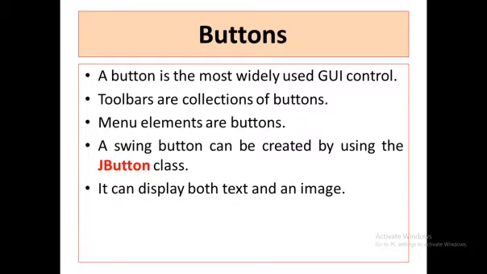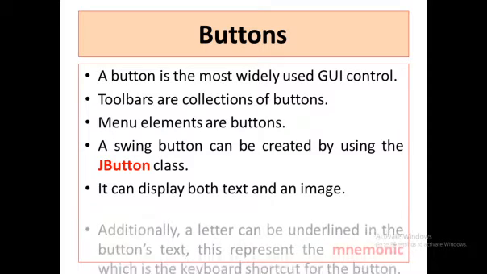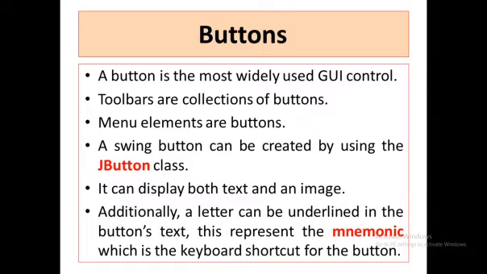It can display both text and image. It means it is possible to provide a textual message, as well as an image, on our button. Additionally, a letter can be underlined in the button text.